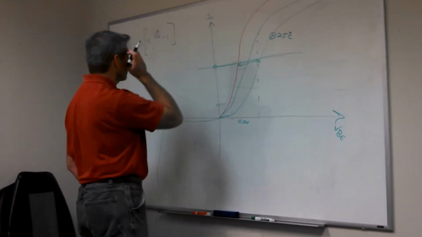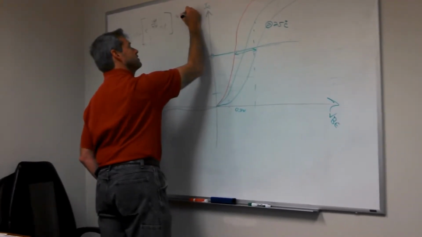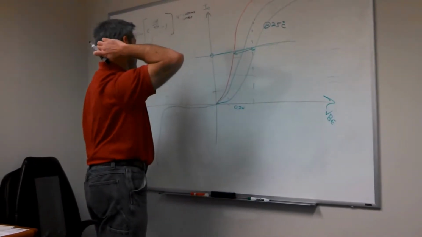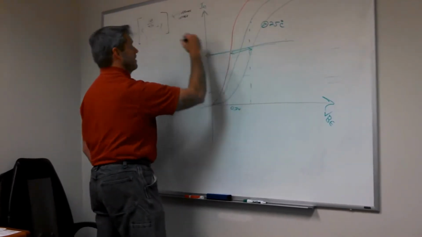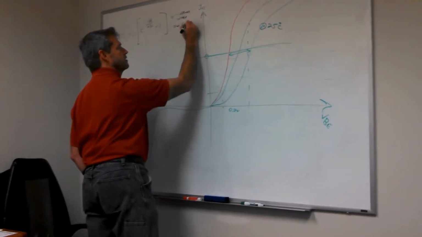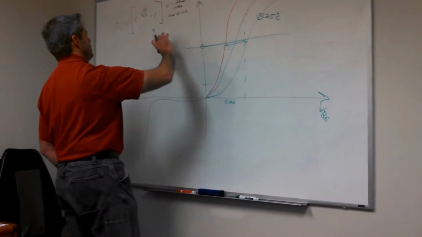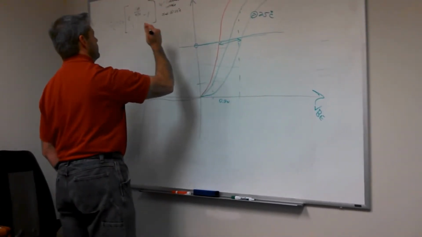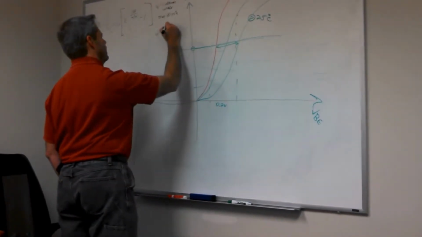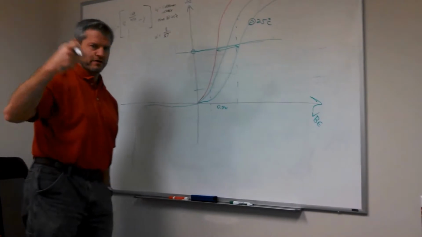Yeah. Where VT is the thermal voltage, which at 25 C is about 25 millivolts. So is that a property of silicon? Well, VT is equal to, I want to say, kT over q, just trying to remember.